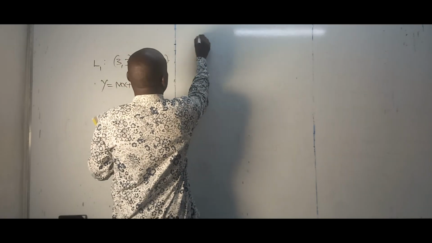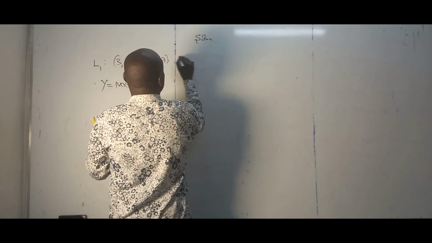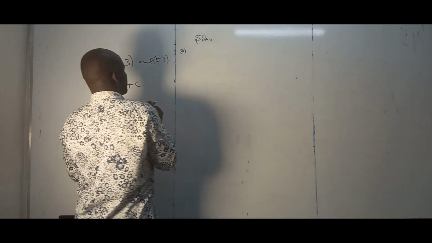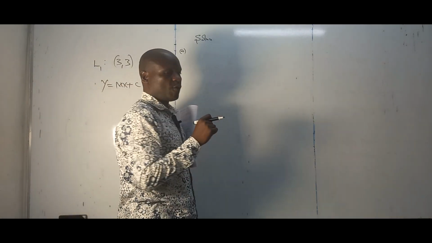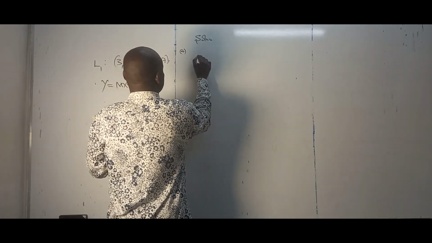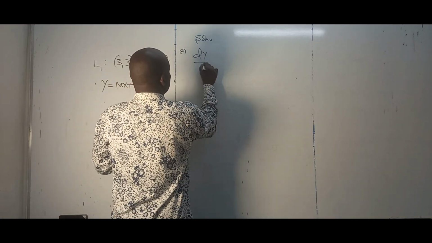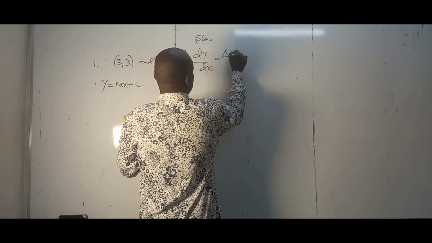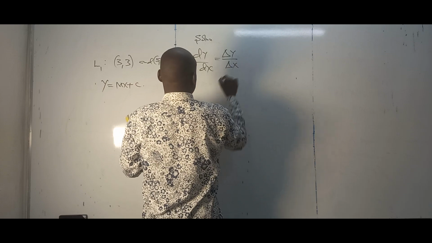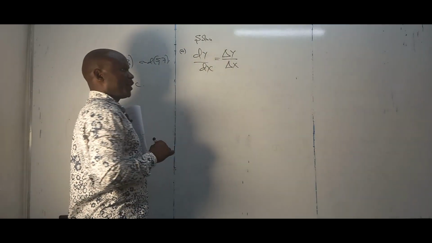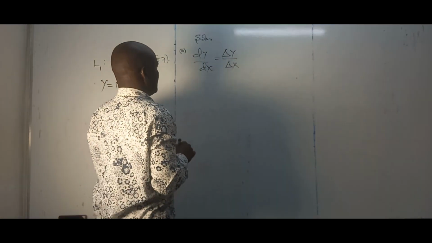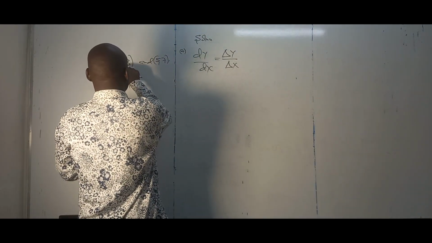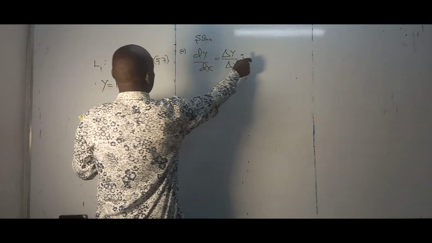So, solution, part A becomes: we know that the gradient of a line is given by dy/dx. This we can as well write as change in y over change in x. Using this point and this point, we are able to define this.